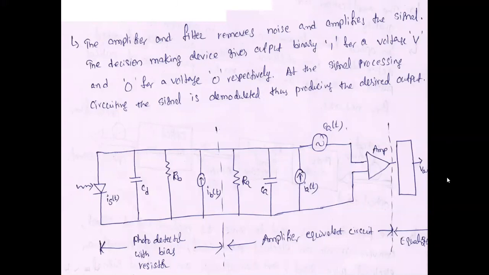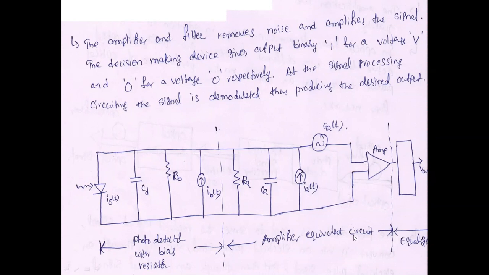Here the output of the amplifier is E of t. What is meant by E of t? It is nothing but the output of the amplifier, which is the increase in the strength of a signal. This is given to another amplifier stage, and the output of the amplifier stage is given to the equalizer section. Finally, we get the original signal as output. These are the three blocks.